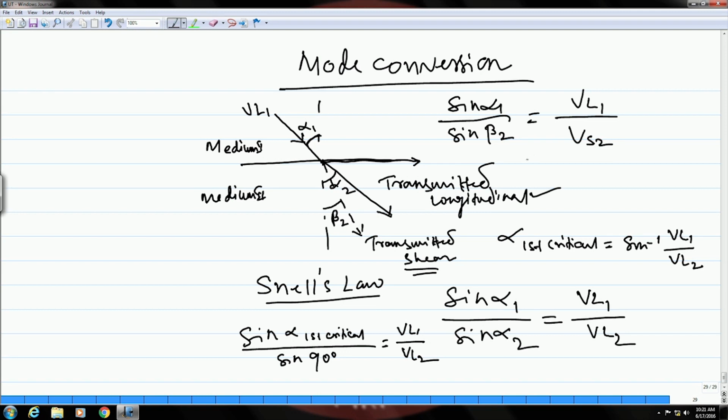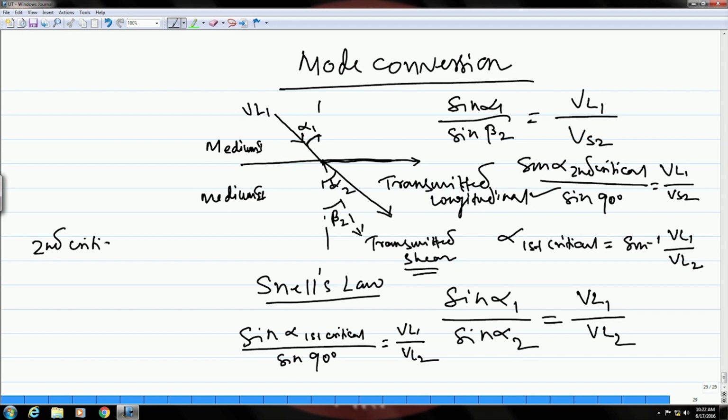So, the second critical angle, that is sin alpha second critical, corresponds to beta 2 becoming 90 degree. Okay. So, we have the second critical angle now, which is sin inverse V L 1 by V S 2.